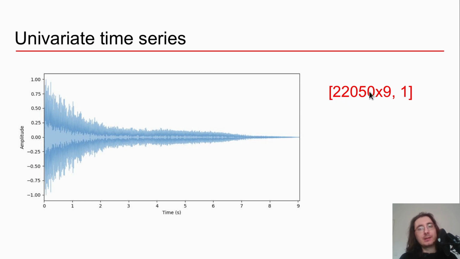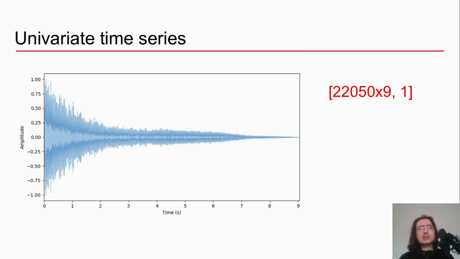This is given by the sample rate, which in this case is 22,050 times 9, the number of seconds, right? So here we have more or less 200,000 data points in the time series. And then as the second dimension, we have 1, because we have only one value, which is the amplitude that we are taking at each data point.